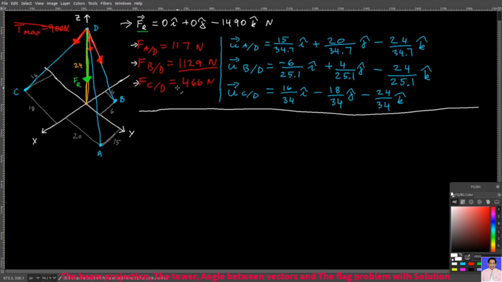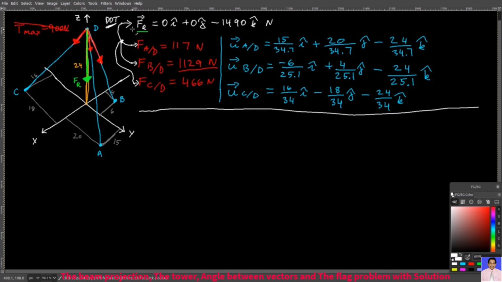So how would you do it? Try it out by yourself and then see the solutions in the next video. Remember, you need to go from these three forces to this resultant force using the dot product. Okay? Good luck.